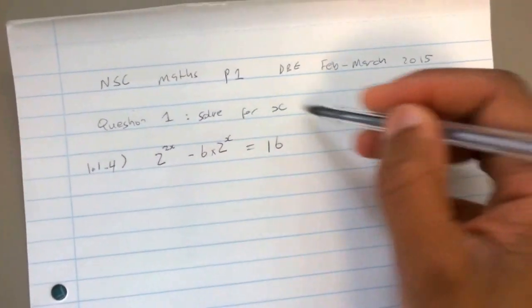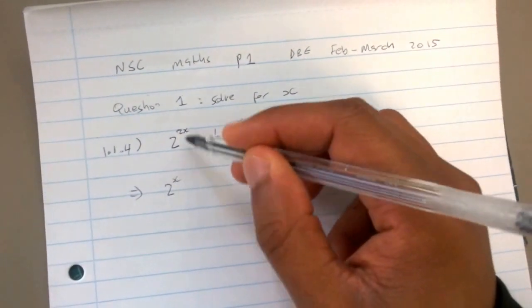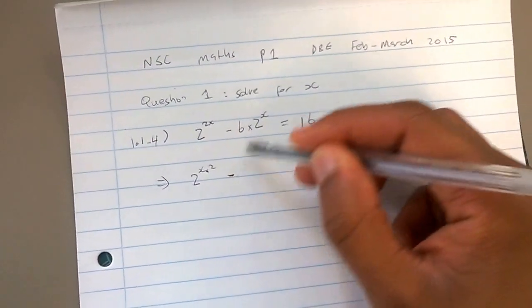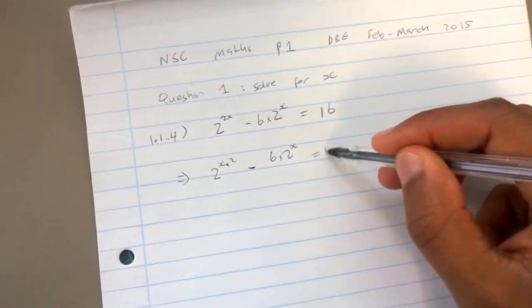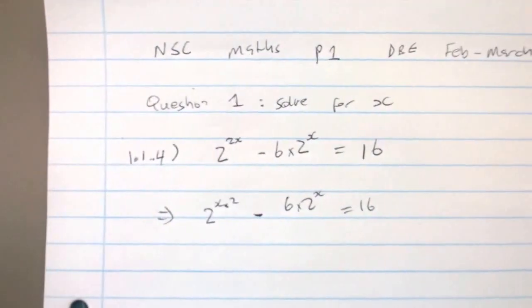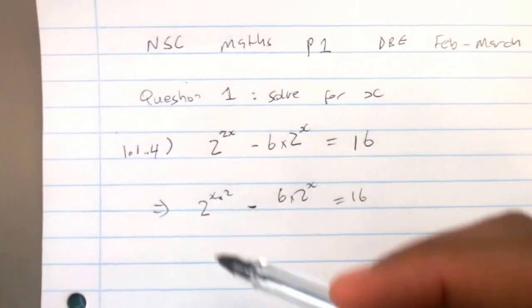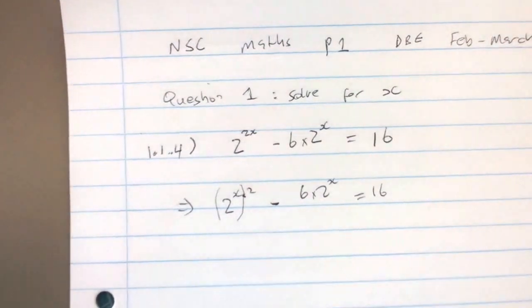So you could write this expression as 2 to the power x, multiplied by 2 to the power x, minus 6 times 2 to the power x equals 16. I've just swapped these two around, and you could put a bracket like that.